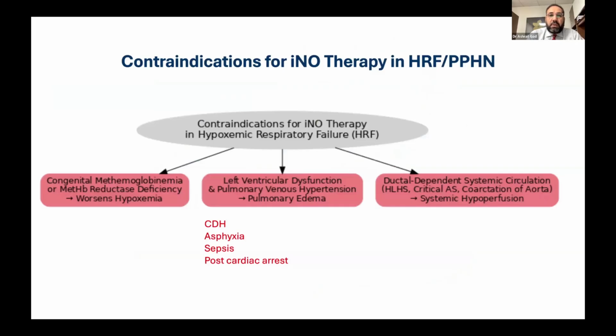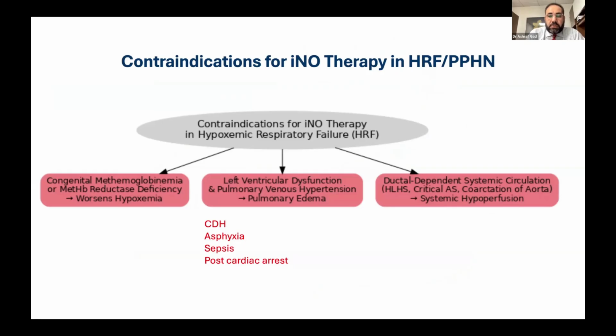However, do we routinely use nitric oxide? There are some precautions we have to take before using nitric oxide. We need to understand the baby. We need to make sure we're not dealing with a significant case of congenital heart disease.